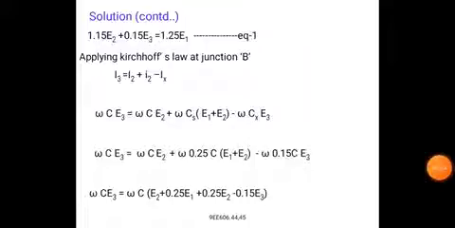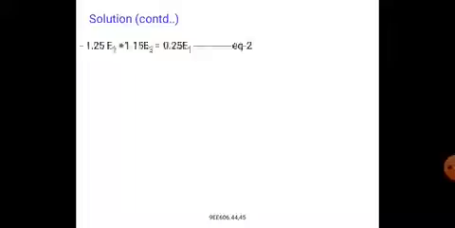So E3 equals E2 plus 0.25 E1 plus 0.25 E2 minus 0.15 E3. That gives minus 1.25 E2 plus 1.15 E3 equal to 0.25 E1. That is equation number 2.